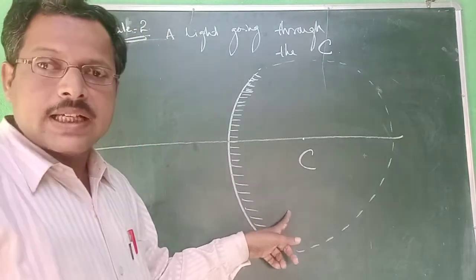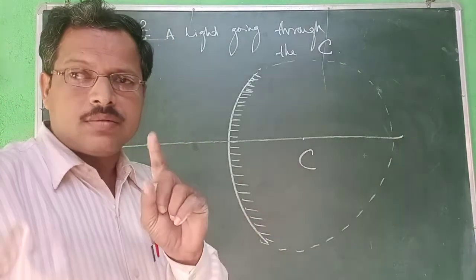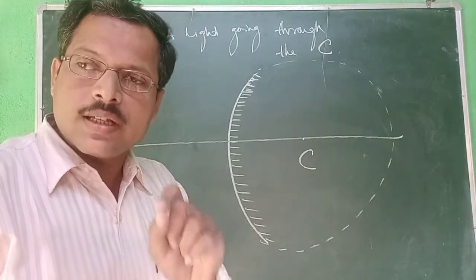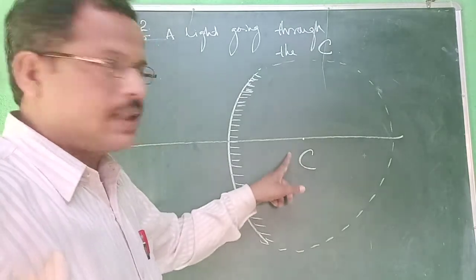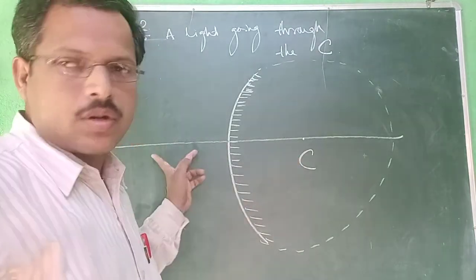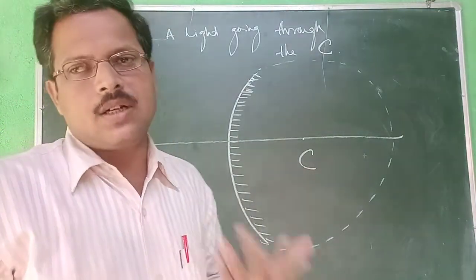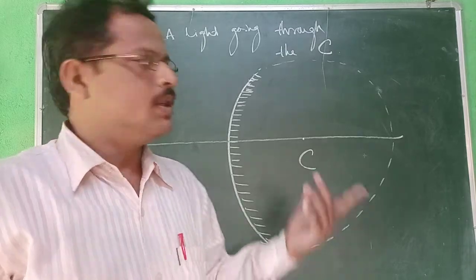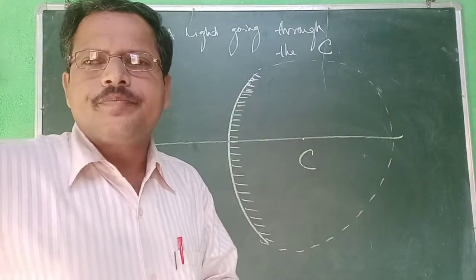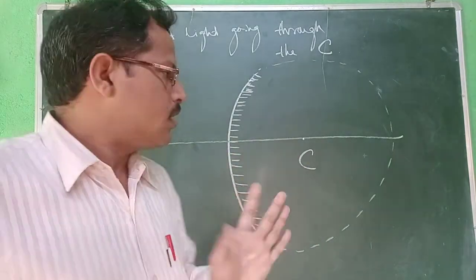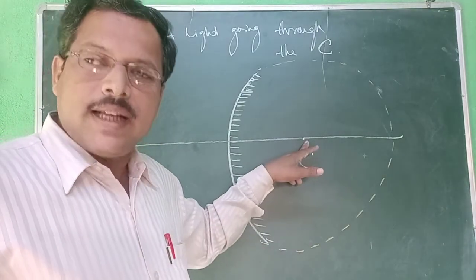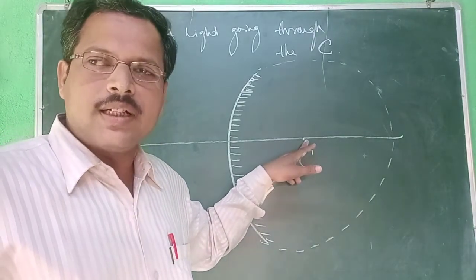In case of a concave mirror, the center of curvature C is on the front side of the mirror, and in case of a convex mirror, C is on the back side because of its convex nature. So what happens when light goes through the center of curvature?